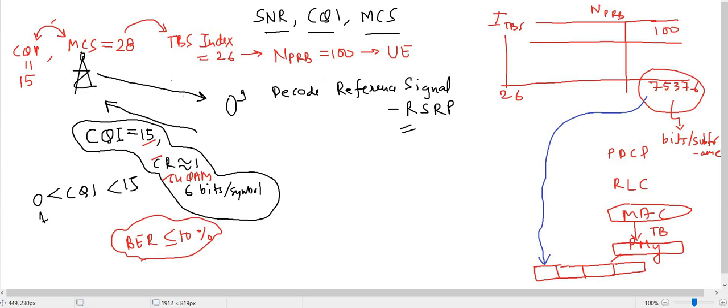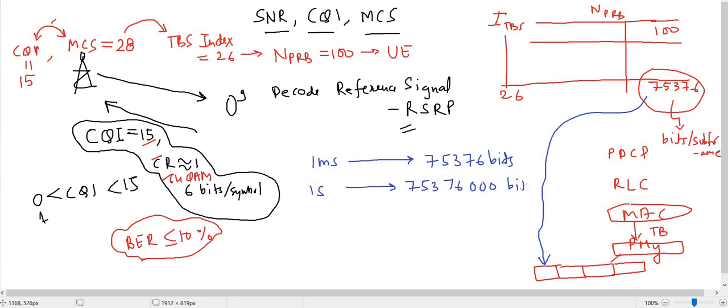So what we can say here is that a subframe is of 1 millisecond. So in 1 millisecond, 75376 bits can be transmitted, right? And in 1 second this value will be 75376 times 1000 bits.